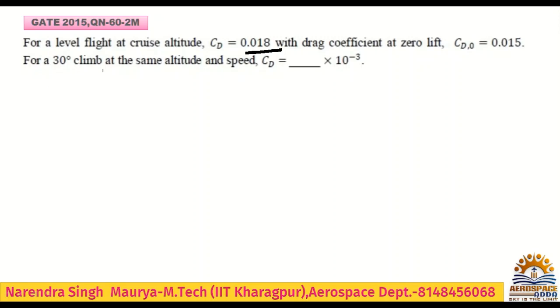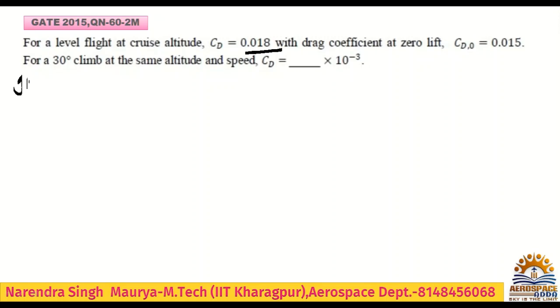For a 30-degree climb at the same altitude and speed, CD. So this is the climbing case. Not all the derivation is required here, but whatever is required I will do.